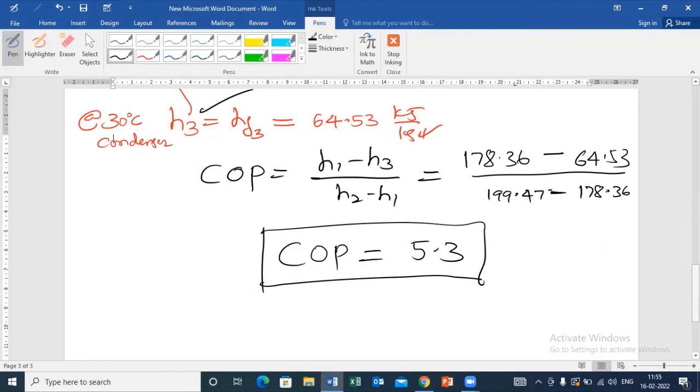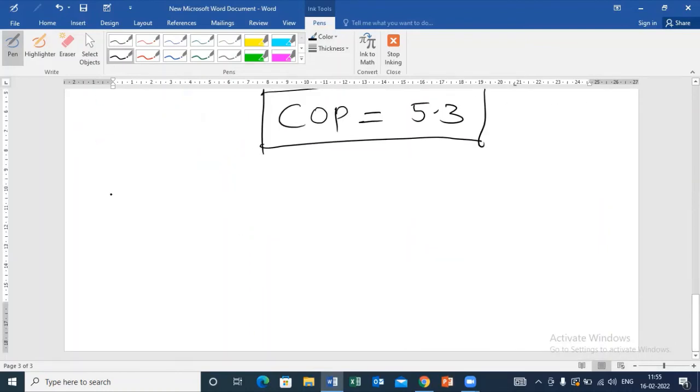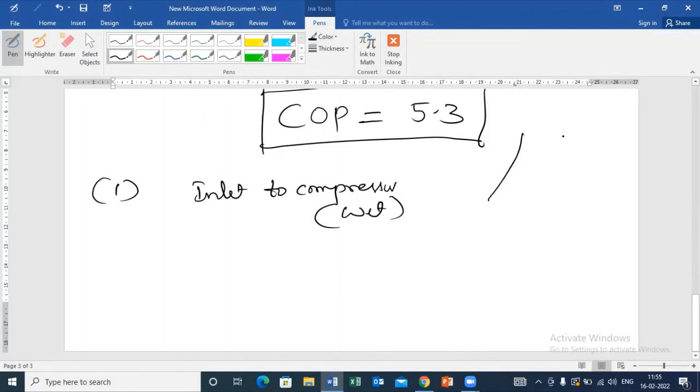First, I will repeat it again. Okay, we'll glance. First step, identify the condition of the refrigerant at the inlet to the compressor, whether it is wet or dry. If it is wet, point number 1 lies between the saturated liquid and saturated vapor line, somewhere here.